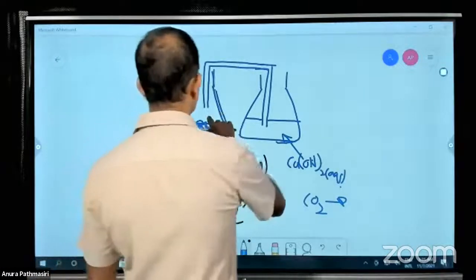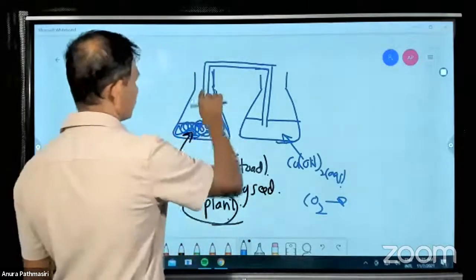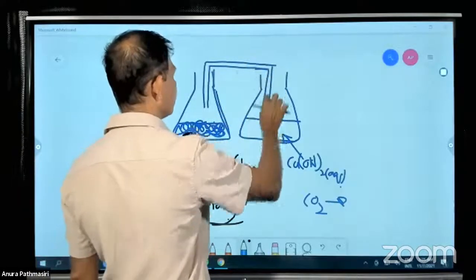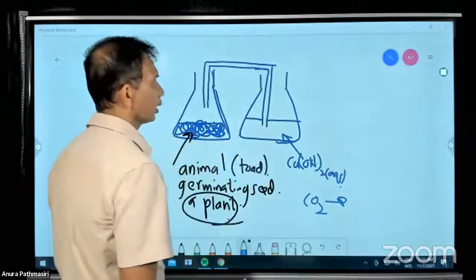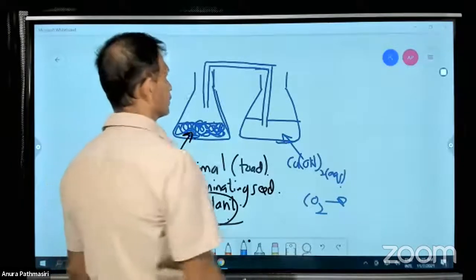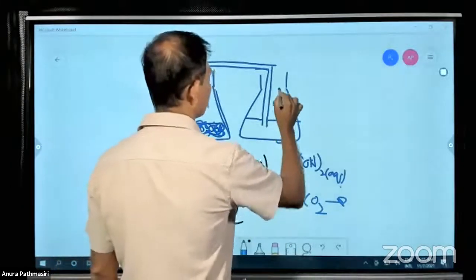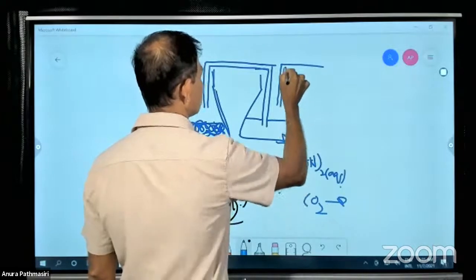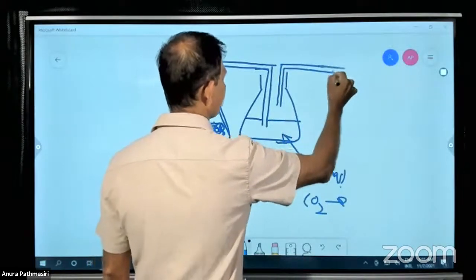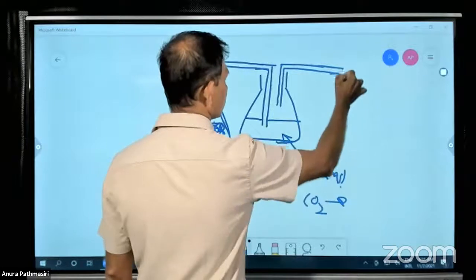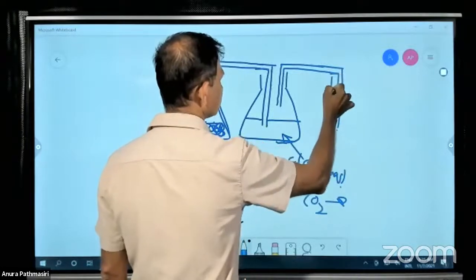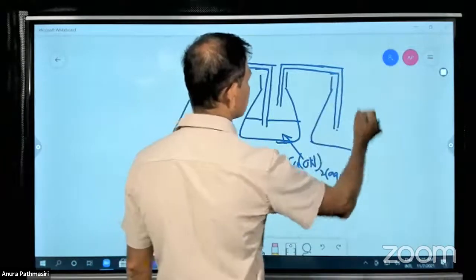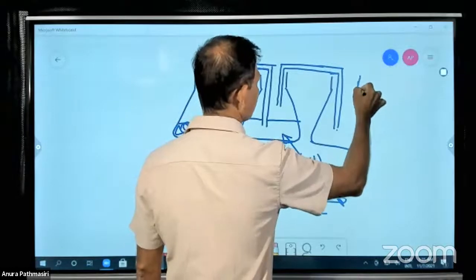But the produced carbon dioxide will not be going smoothly if there is no pressure. In order to make a pressure, you have to have another setup like this, which is kept in the water, right?